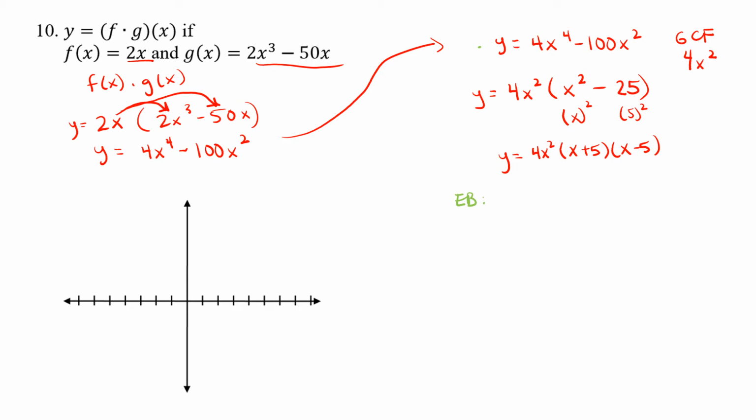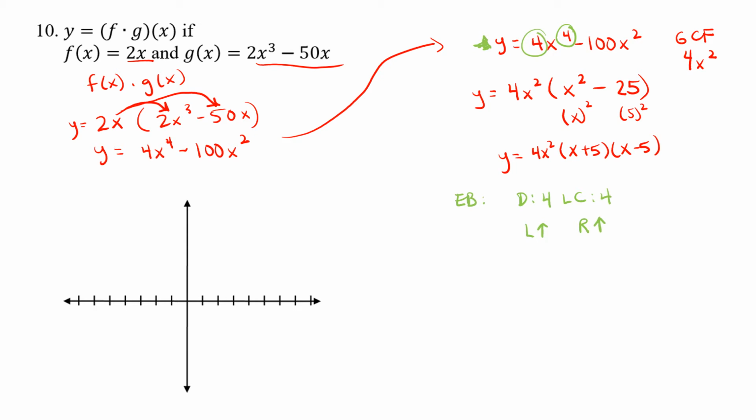The easiest place that we could look is right here at this first step. That's in standard form. To find our end behavior, we need our degree and leading coefficient, right? Our degree, highest exponent you see, is 4. Leading coefficient is also 4, telling us leading coefficient is positive, the right side goes up. Degree is even, the left side also goes up. So it's pretty quick because we see it in standard form.